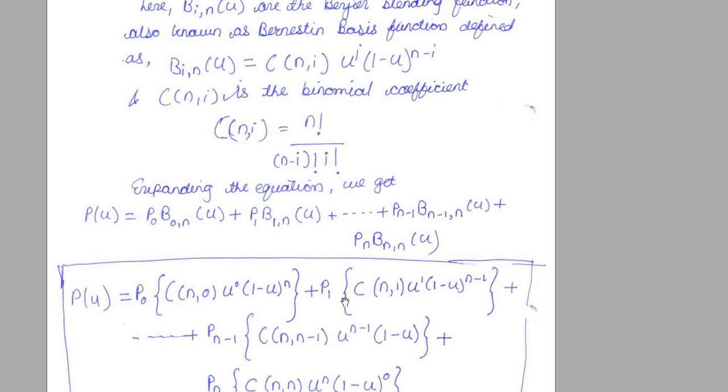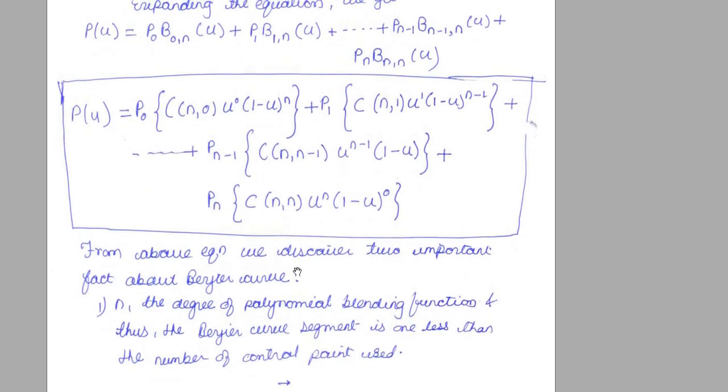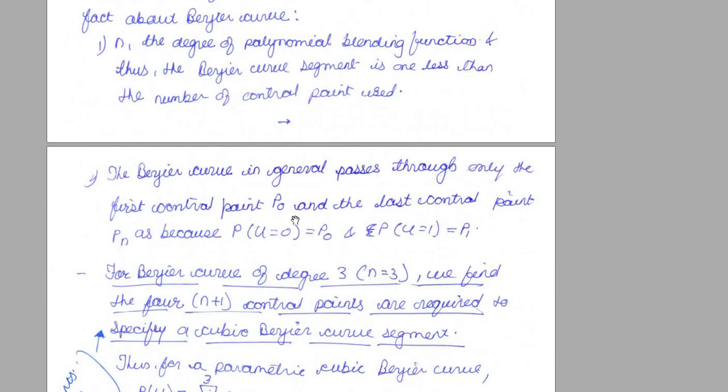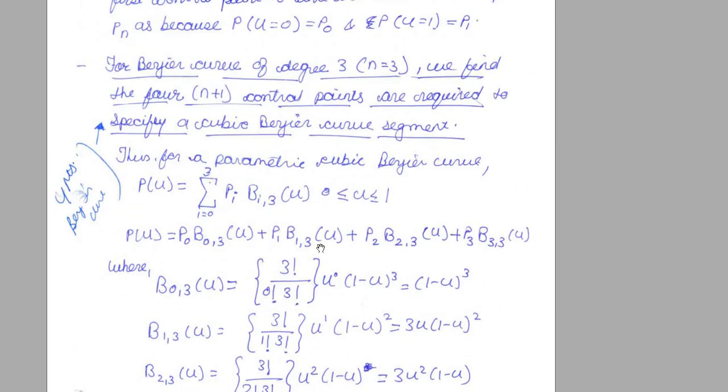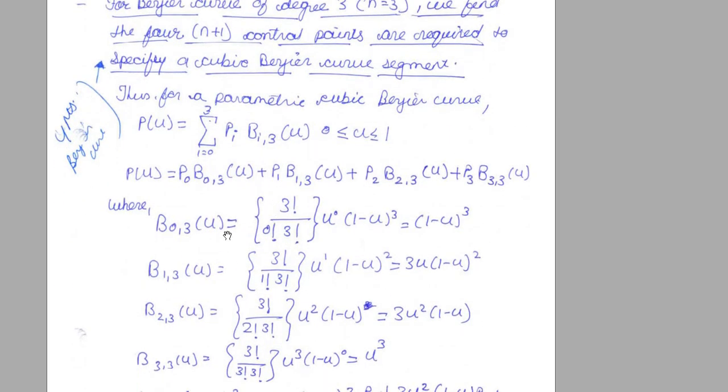Now consider that the value of n is 3, so i goes from 0 to 3. I will represent it as p0 B_{0,3} of u plus p1 B_{1,3} of u plus p2 B_{2,3} of u and up to p3 B_{3,3} of u.